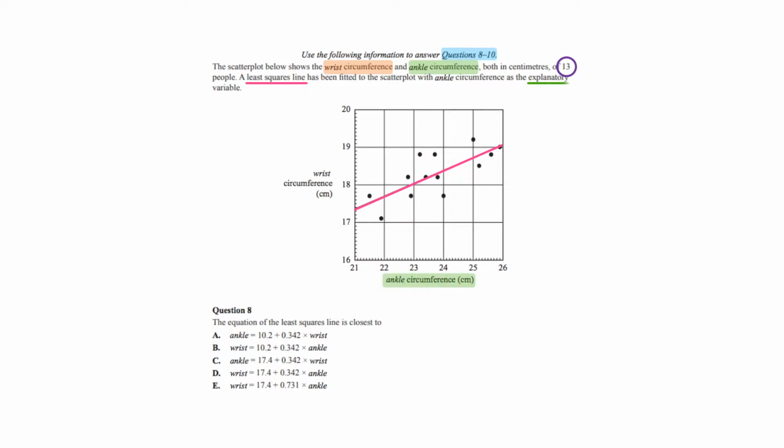The question is asking for the equation of the least squares line. Since ankle is the explanatory variable, we can cross out options A and C. Now we need the intercept with the vertical axis. Notice that the graph starts at the point with coordinates 21 and 16.